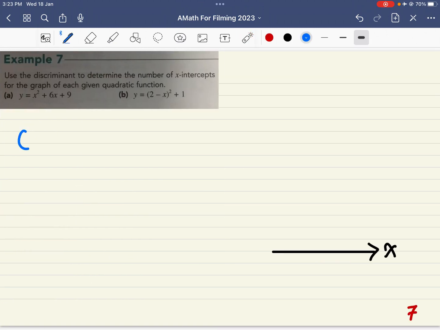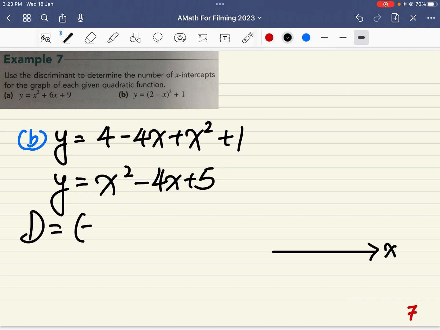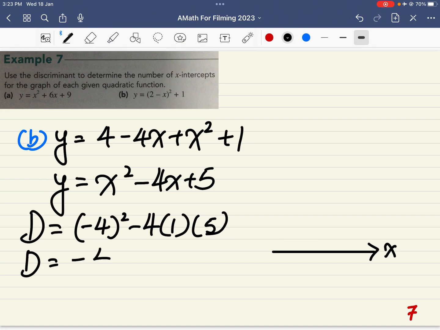For part B, what we have is this. Let me try to expand. When I expand this, what I get is a squared minus 2ab plus b squared plus 1. So if I simplify, I get x squared minus 4x plus 5. My discriminant D is b squared minus 4ac. My discriminant is equal to negative 4, and this is less than 0.